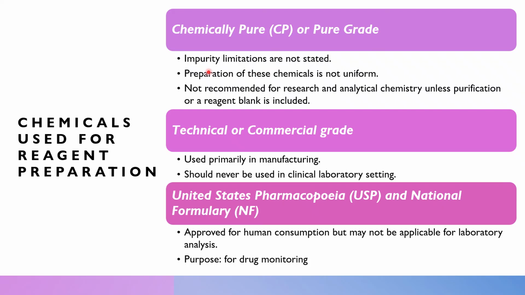So impurity is not stated, the preparation is also not uniform. For chemically pure or pure grade, it is not recommended that clinical laboratories use these chemicals for reagent preparation unless further purification or even the use of a reagent blank is included.